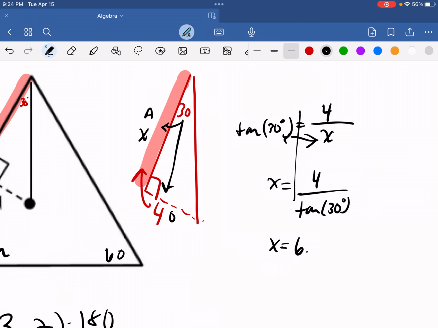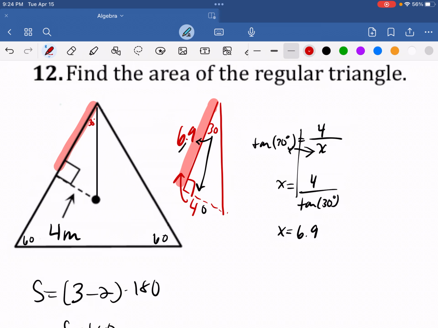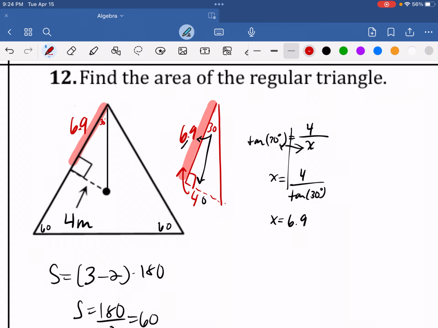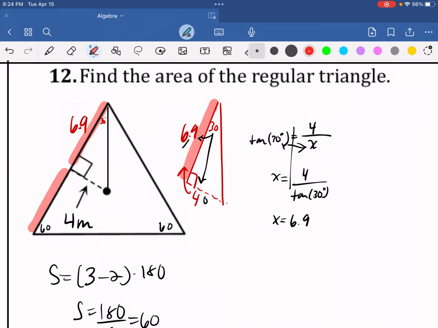So I'm going to put 6.9. It means this side measures 6.9. Or this side measures 6.9. Now you need to double it because there's another 6.9 over here. So 6.9 plus 6.9, and it's 13.8.